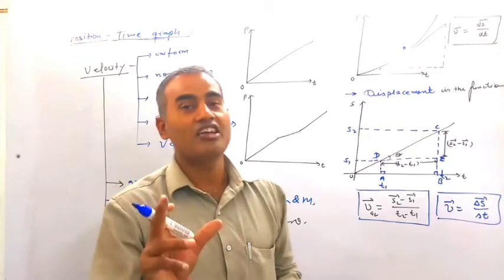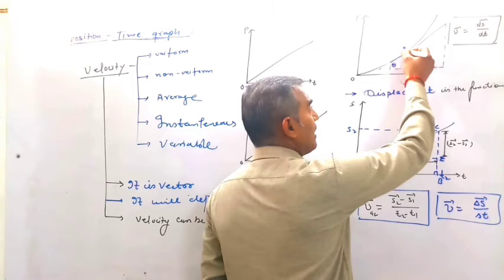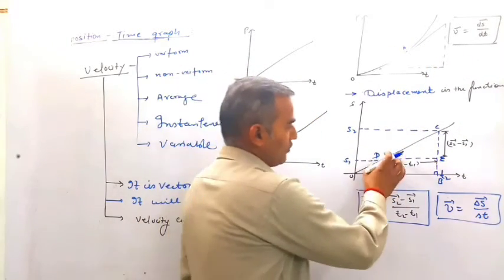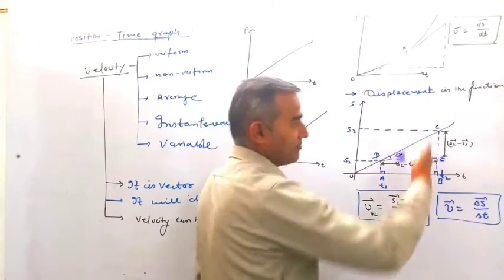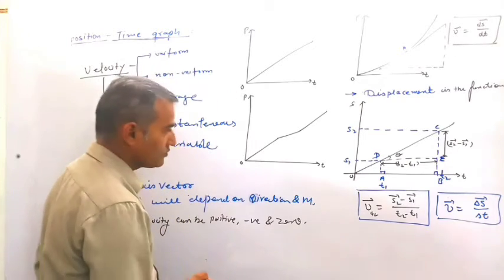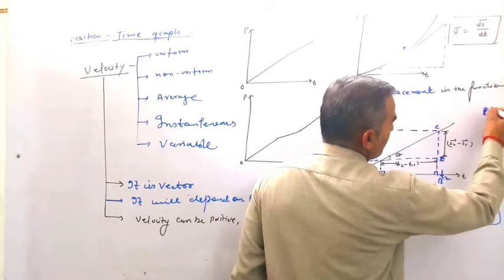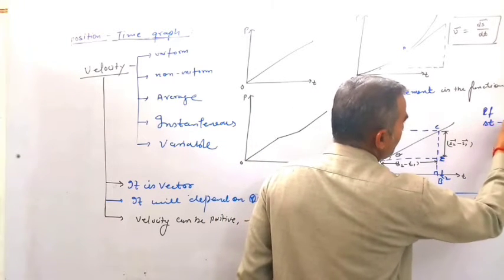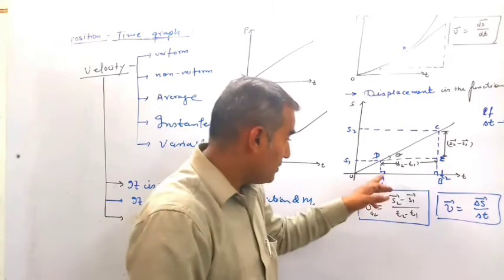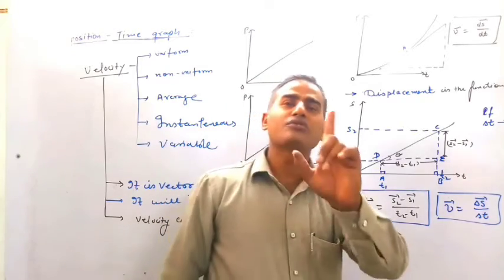Velocity at a point of time is instantaneous. Velocity over the total span of time is the average velocity. So if delta t tends to 0, it means the time interval between A and B does not become 0, but tends to 0.